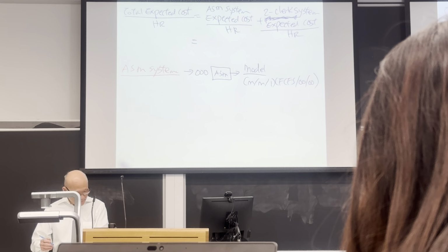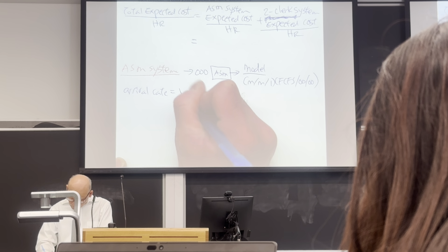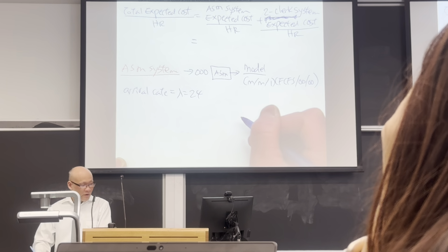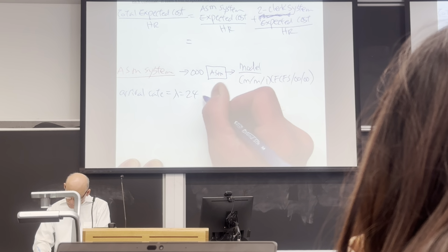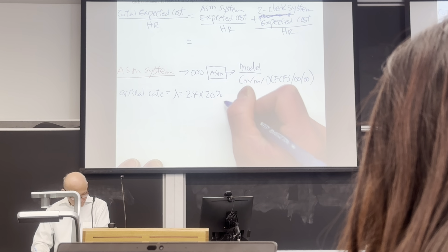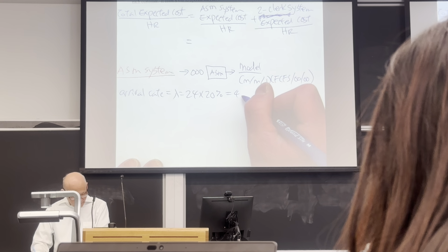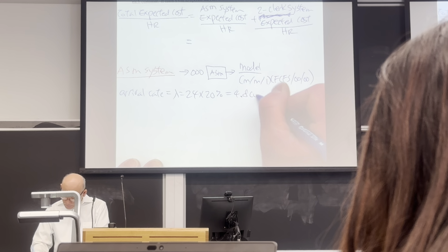Okay, so the arrival rate. Originally, we had 24 customers coming, but according to this, 20% of them will now go use the ASM. So the arrival rate to the ASM is 4.8 customers per hour.